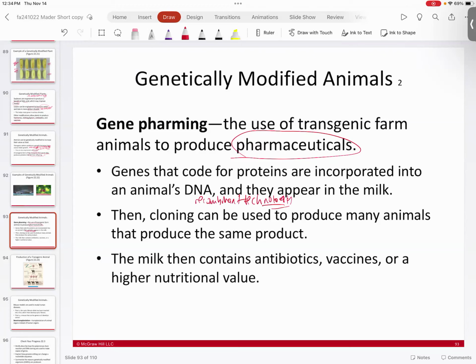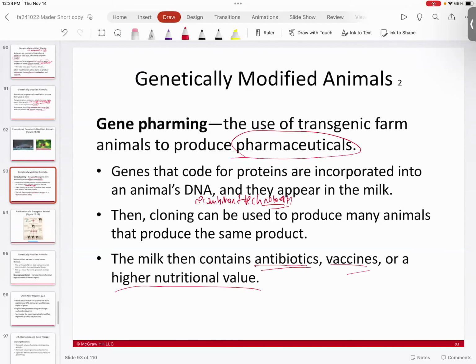Then you can use cloning to make many animals to produce the same product. And so you essentially get this mass production of a particular pharmaceutical. For instance, milk that would have antibiotics in it or vaccines in it, or it could have just a higher nutritional value, right?